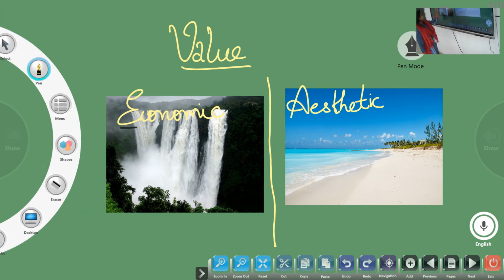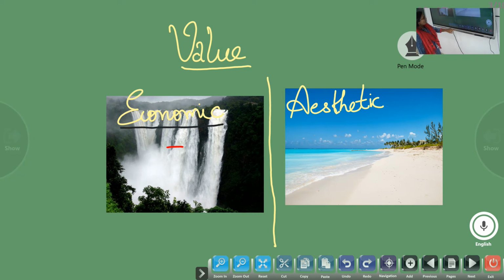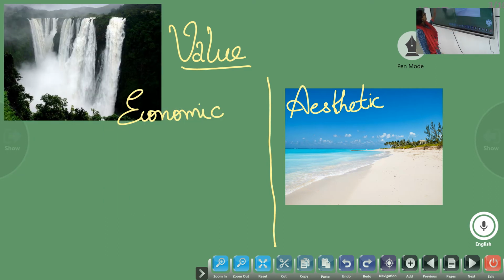When we speak about economic value, what we mean is, out of this resource, are we able to get any economy, or can we make money? So, out of this picture, out of waterfalls, what can we do?